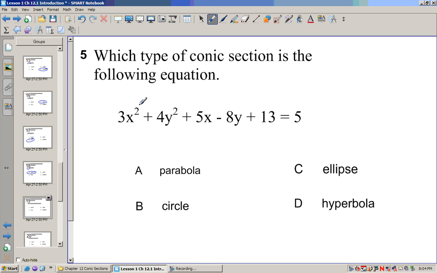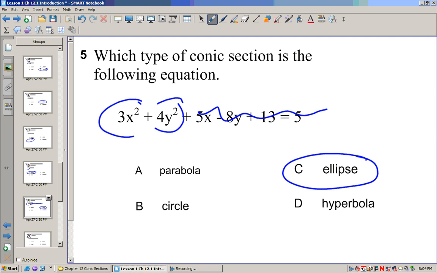Here, x squared and y squared, none of the rest of the stuff really matters for just determining the conic section. The coefficients in front of the squares are going to determine it. And that's an addition sign in between. So different numbers, but same signs, so this will be an ellipse.